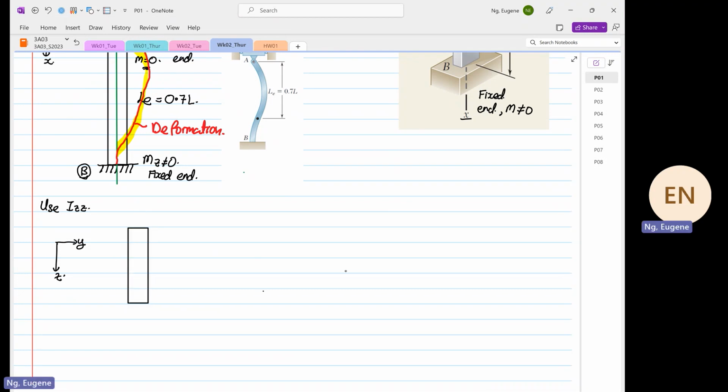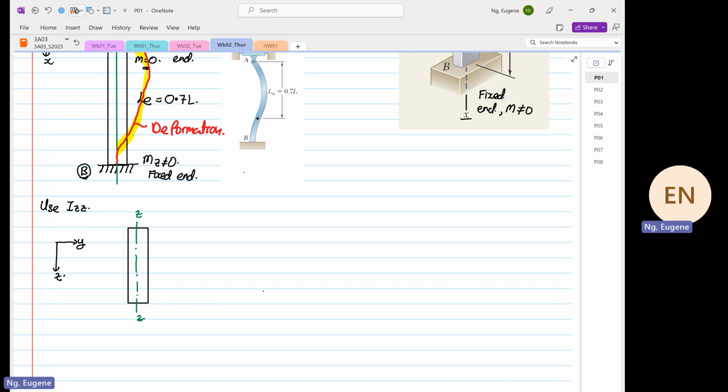So this is the wing for the top and the axis of interest. And this is our axis of interest now, which is our ZZ axis.